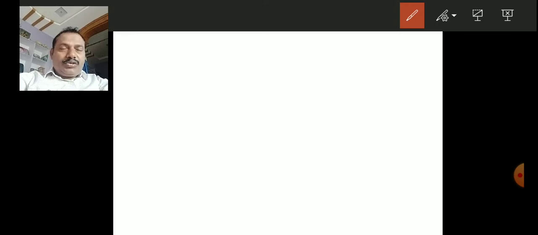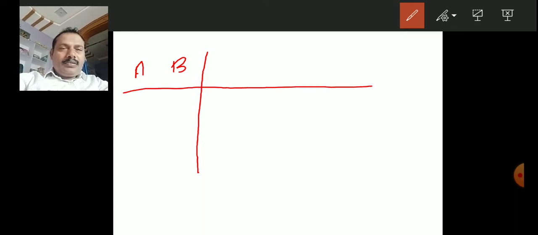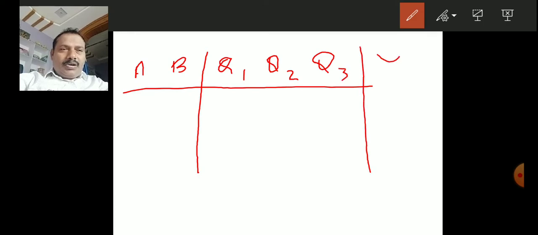Let us take the truth table: A, B, Q1, Q2, Q3, and the output.